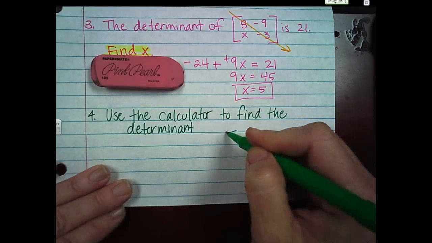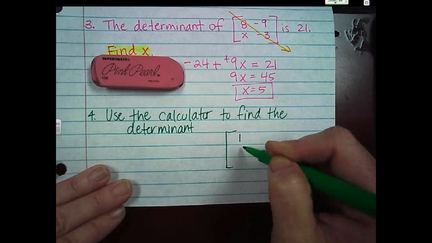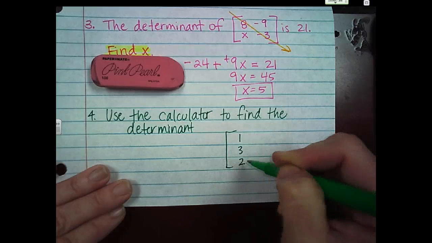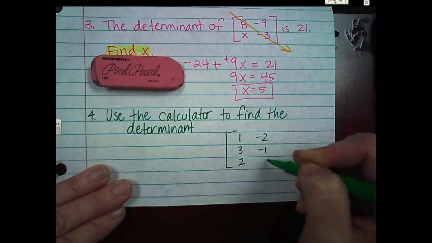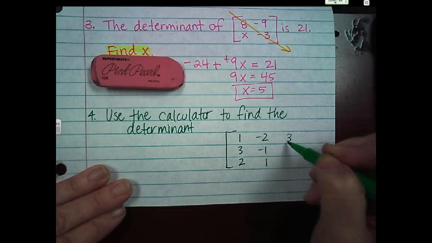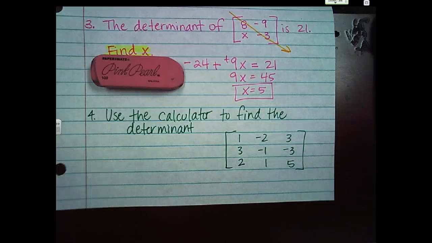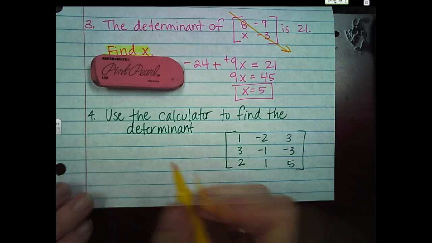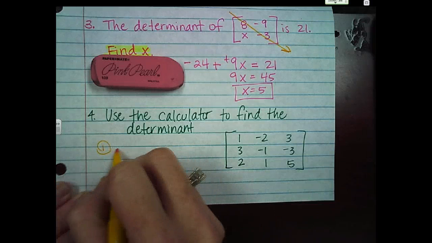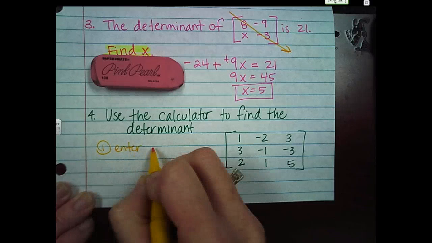And here's the matrix. 1, 3, 2, -2, -1 and 1, and 3, -3, 5. To find it, here are your steps.